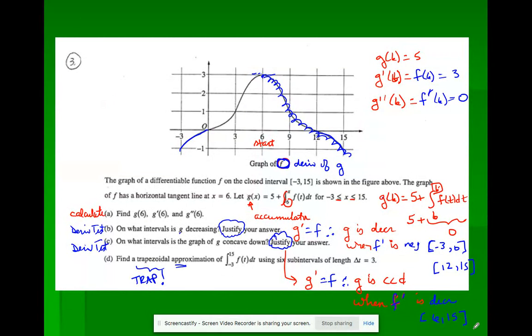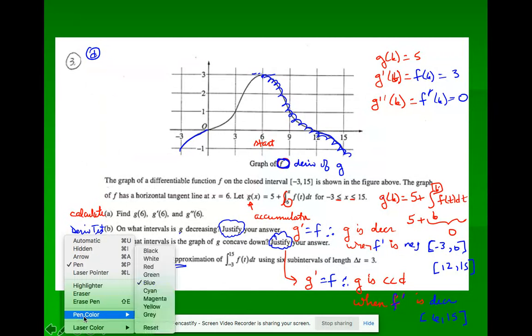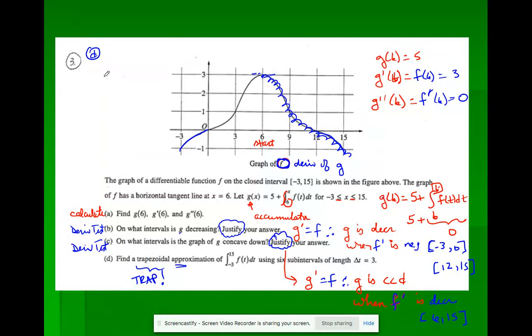This problem did not ask me to graph. So they're not asking me to graph the original, they're just asking me to approximate the actual integral. So again, so I'll go up here and do part D. The actual integral, not G. They're not doing this 5 plus, right?